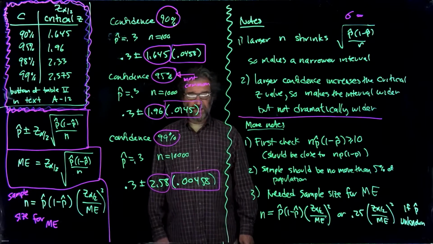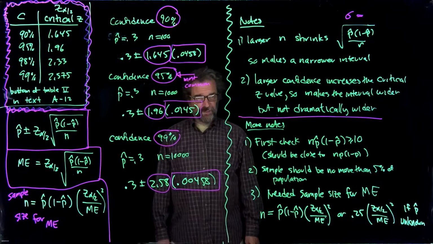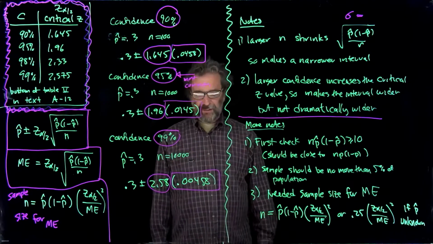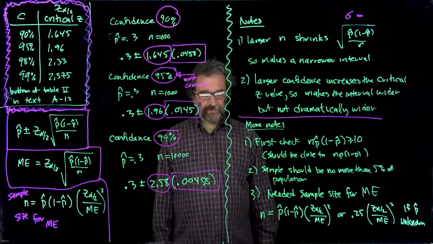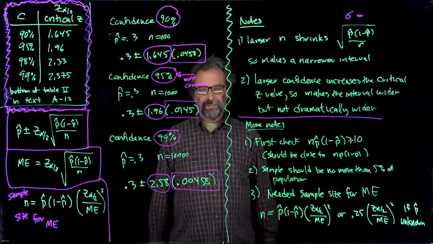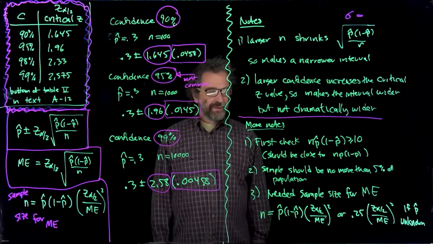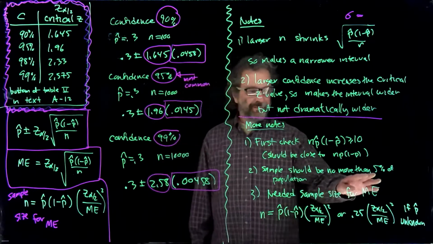The second thing is that we said for the sampling to produce a binomial distribution, which then we said would be approximately normal, which then we said we turned into the proportion approximately normal, the sample size should be no more than 5% of the population. So this is true again here.